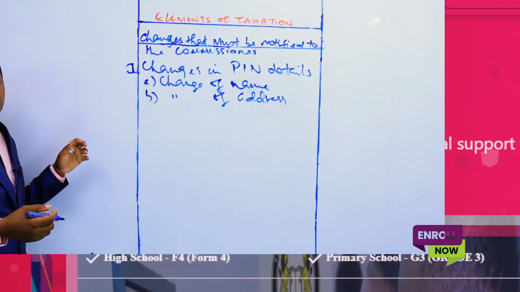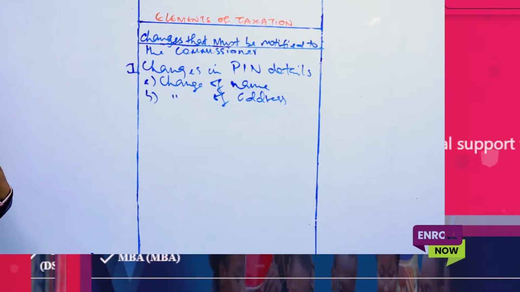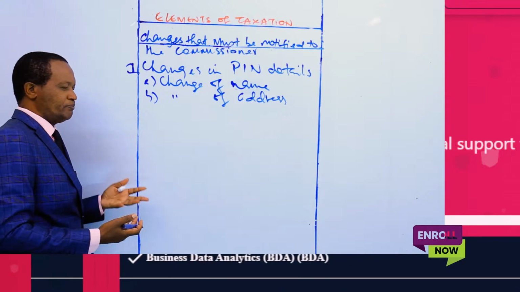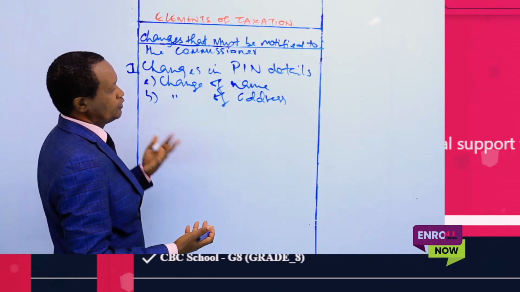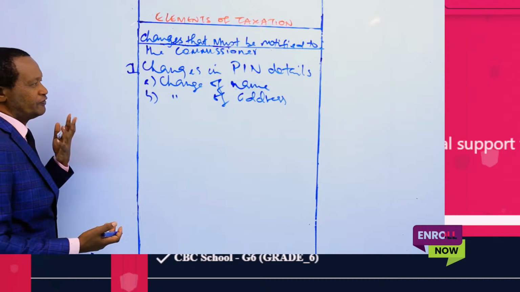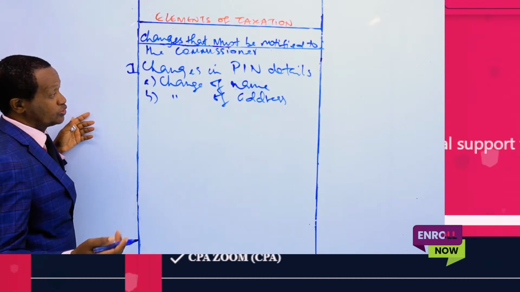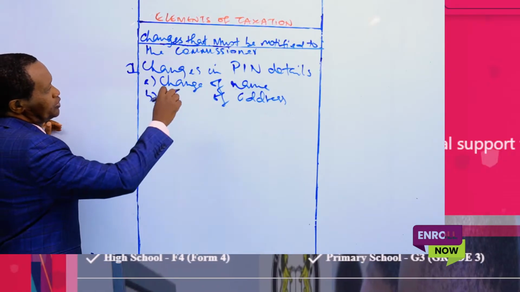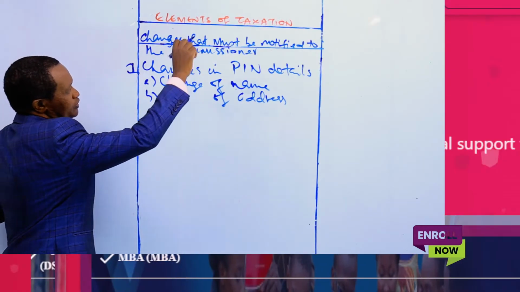So the KRA uses these official communication channels, the phone number, the email, the physical address. KRA uses all these details to communicate to the taxpayer. So if there's any change in the address, then it's important that the taxpayer notifies the Commissioner.